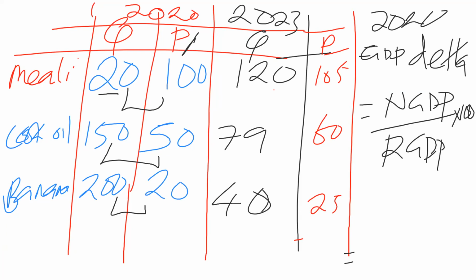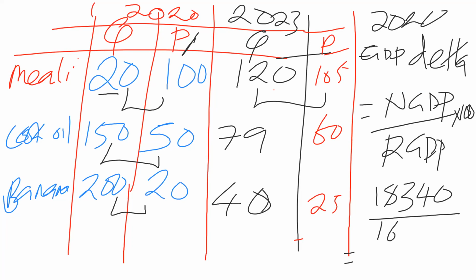Yes, we want the nominal GDP for 2023, which simply means you are multiplying it. 18,340 divided by what is the real GDP of the same year? 16,750. 16,750 multiplied by 100. So what is the GDP deflator?